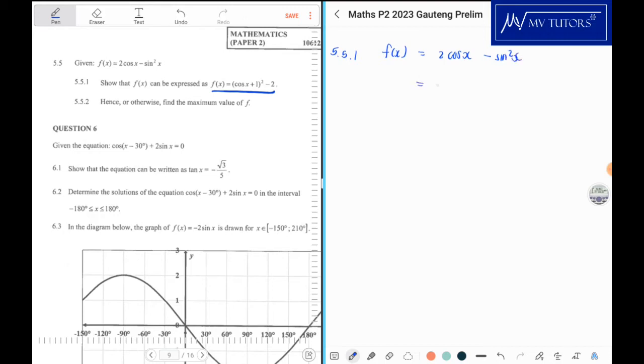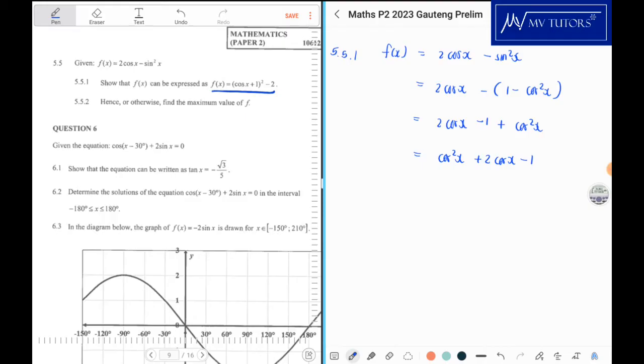I can't really do much with the 2 cos x, but I will change the sine squared x. It is an identity. Remember, sine squared x plus cos squared x is equal to 1. So I can say 1 minus cos squared x would be equal to sine squared x. So then I have 2 cos x minus 1 plus cos squared x, and then I have cos squared x plus 2 cos x minus 1.